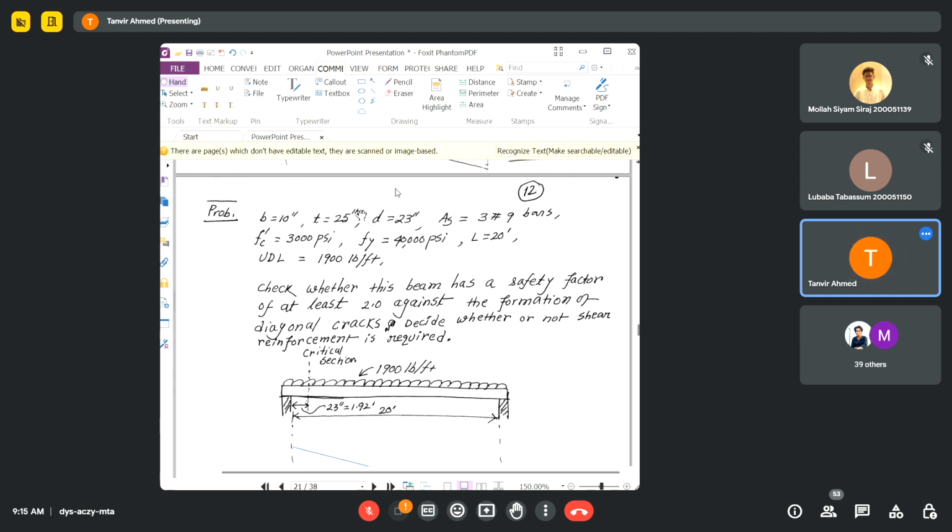The effective depth will be 23 inch, and if you convert it into feet, the effective depth will be 1.92 feet.